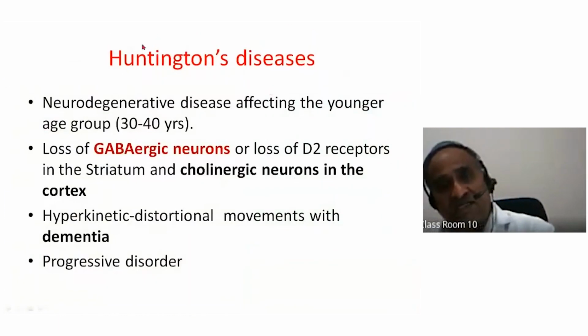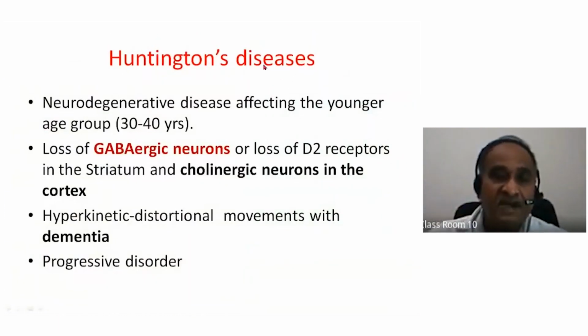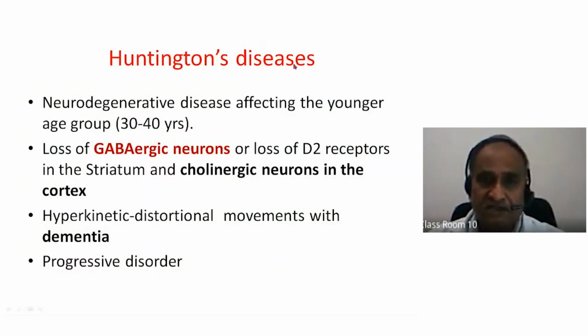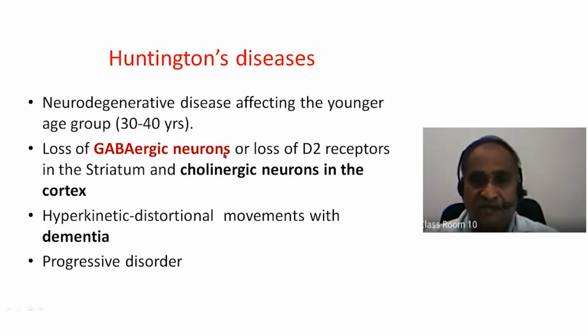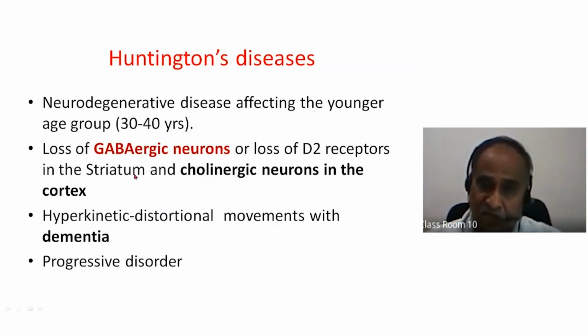Now, let us get back to the discussion of Huntington's disease. Huntington disease is a neurodegenerative disease affecting the younger age groups of 30 to 40 years. It is due to the loss of GABAergic neurons in the striatum, especially the caudate nucleus.